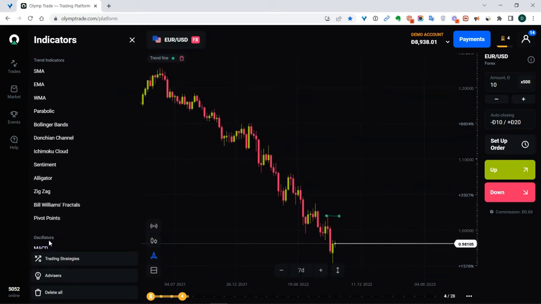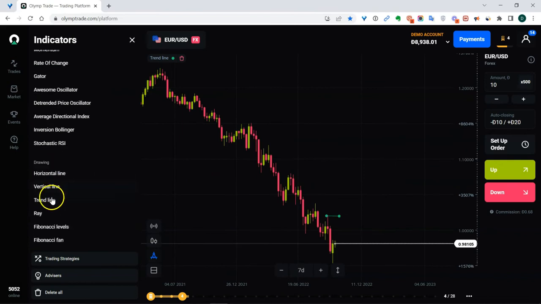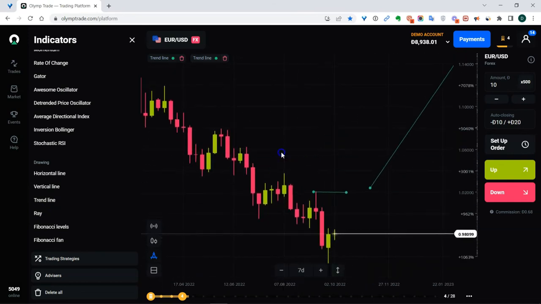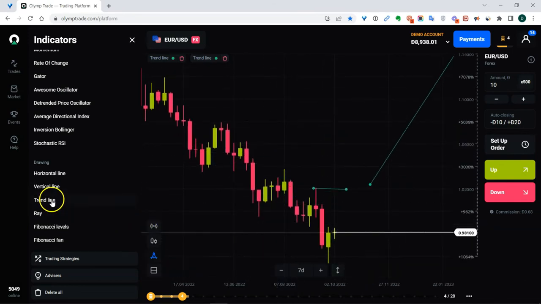That means for me that the market intends to go higher.